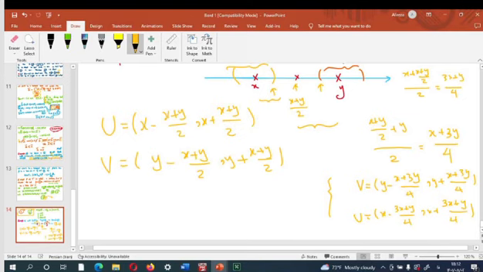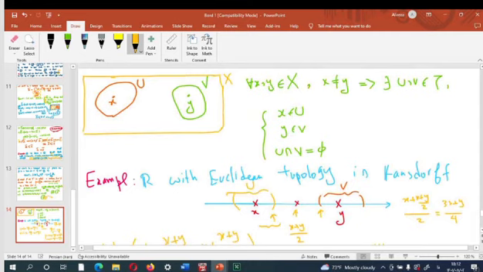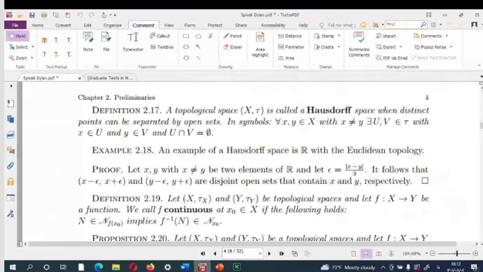We see that x belongs to this because x is the center of this interval and y belongs to this, and these two are disjoint, so we have this nice example: R with Euclidean topology is Hausdorff. And also you can find other proofs.